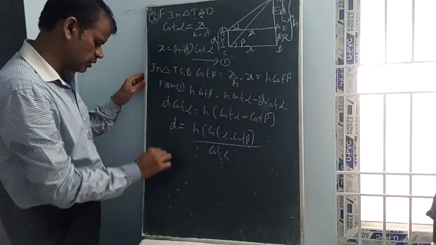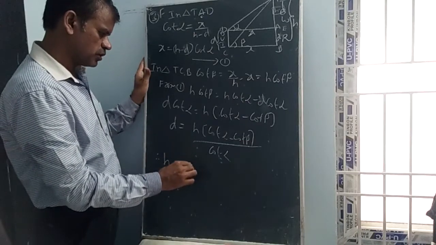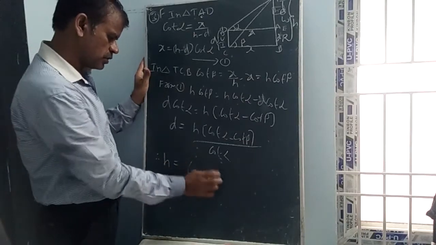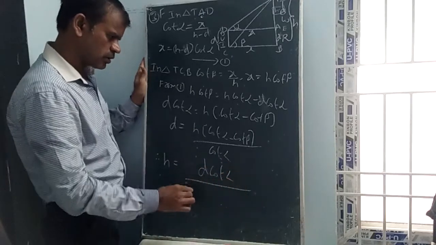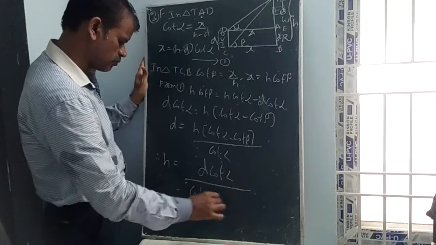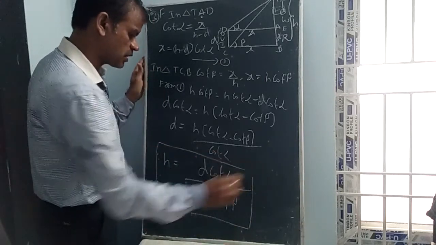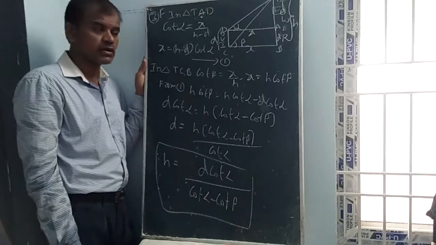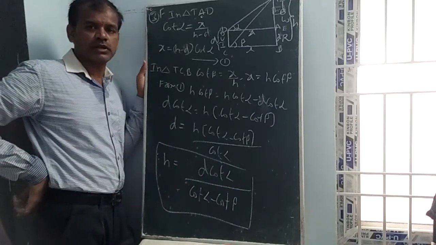But usually they will give the question to find out h only. So h is equal to d cot alpha by cot alpha minus cot beta. Three formulas we learnt. In the first formula, h is equal to d by cot alpha minus cot beta.